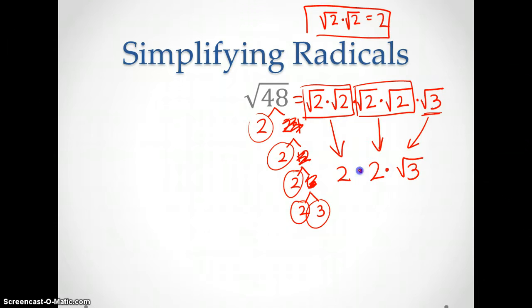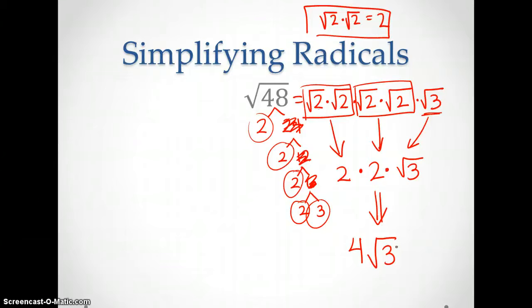What operation was I using between all of these? It was multiplication. So if I have identical square roots, I can multiply them and get that number inside the square root. So my final answer, 2 times 2 on the outside would give me 4, and the 3 stays as square root of 3 inside the root.